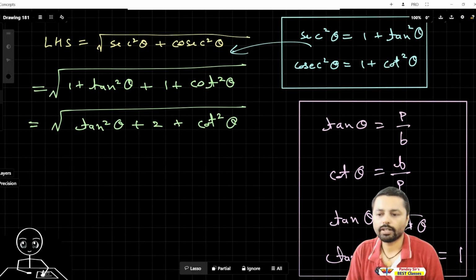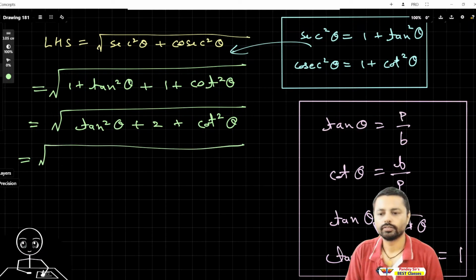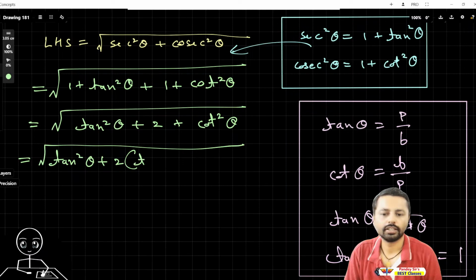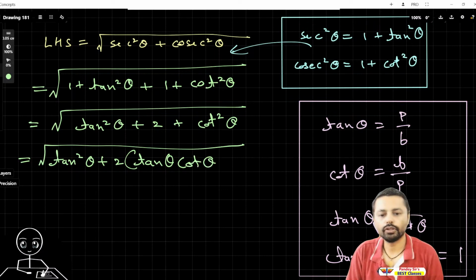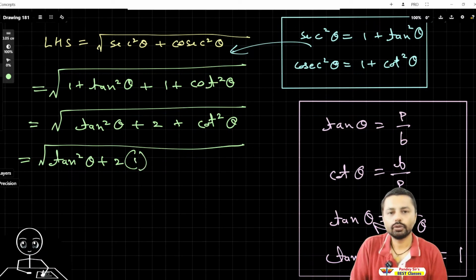So here what I'm going to do is equal to root of tan²θ plus 2 in bracket tanθ cotθ. Now ask me, sir, how did you get this tanθ cotθ from nowhere? See, in the bracket I can write 1, 2 into 1. What is 2 into 1? 2 only.